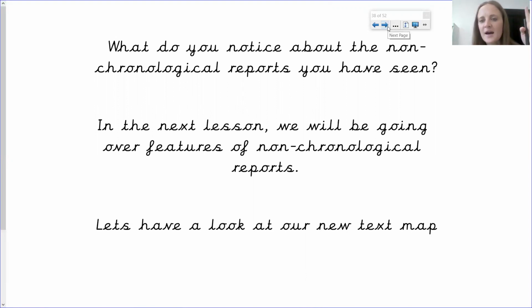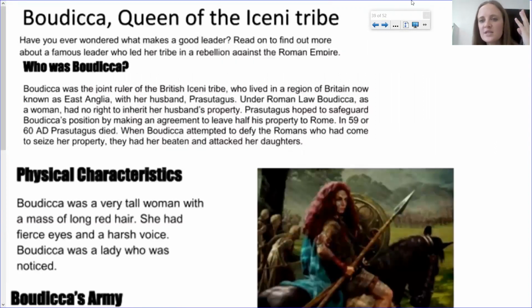So let's finally look at our new text map. Our new text map is about Boudica, the queen of the Iceni tribe. So I'm going to read through it with you, and then we're going to go through some of the vocabulary for our text map. Boudica, queen of the Iceni tribe.